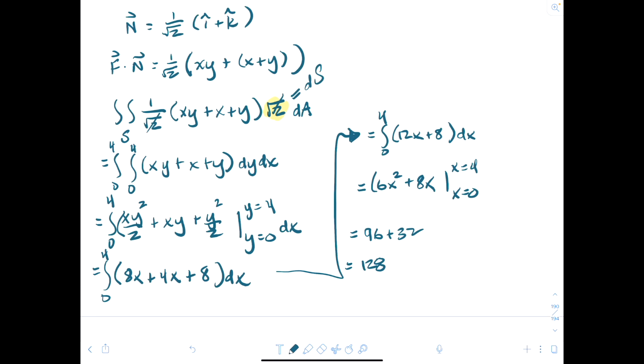So now, to find the flux, what we have to do is sum up the results of the integrals of all those surfaces.